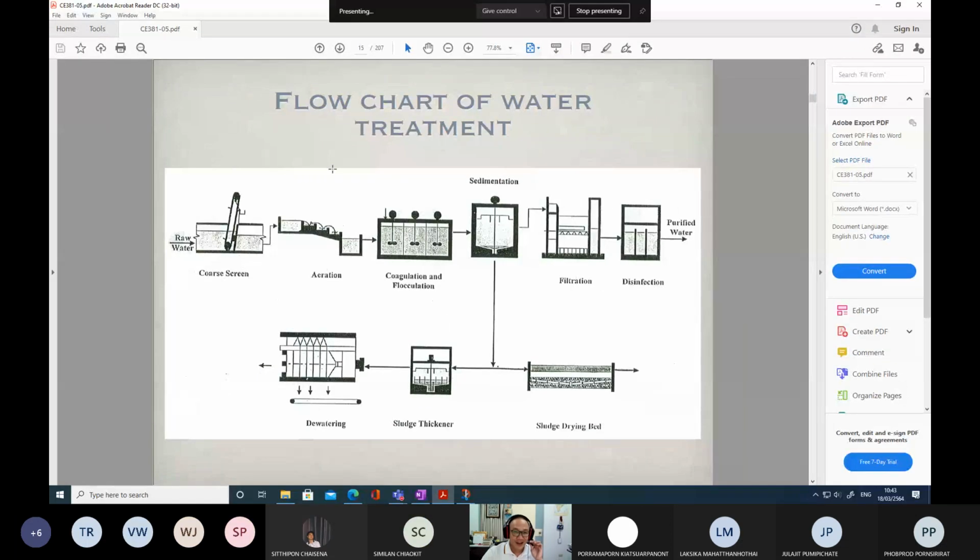Okay. Last week we finished up to here, slide number 15, the flowchart of water treatment plants. Actually, this flowchart we mentioned once in the first chapter.